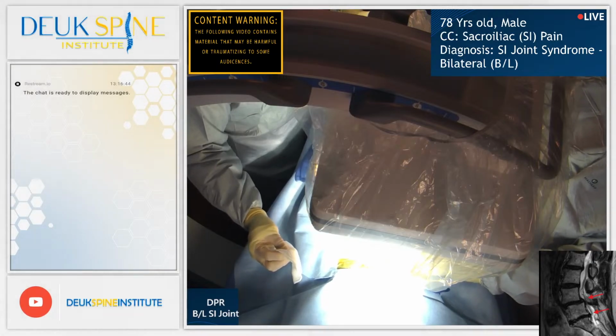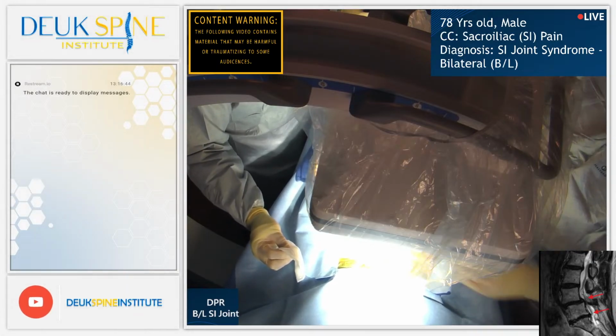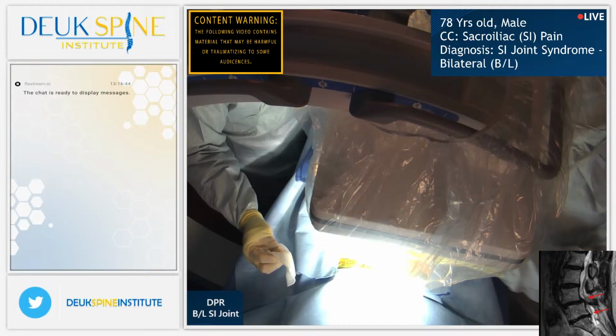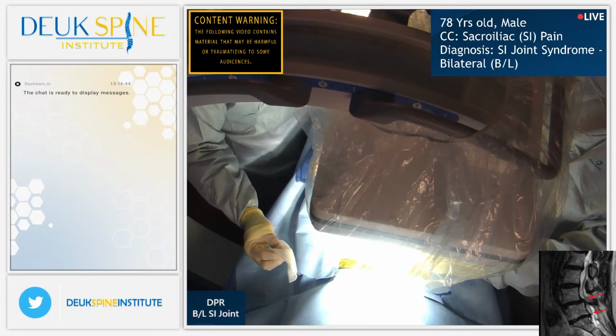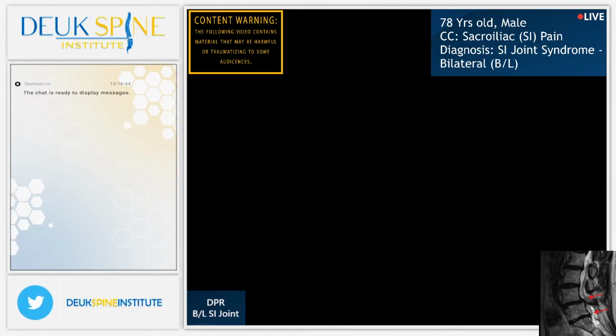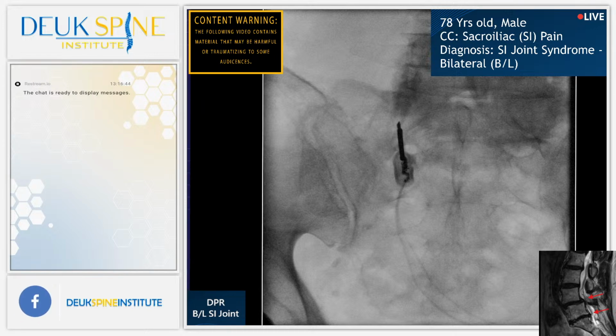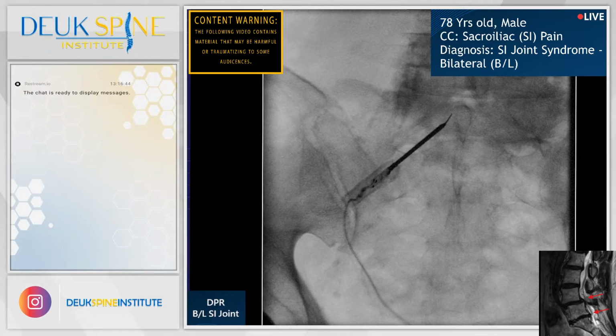All right, welcome back. Once again, our patient has sacroiliac joint pain, and we are attempting to fix it for him. Now, his SI joint anatomy is a bit unusual. Why?